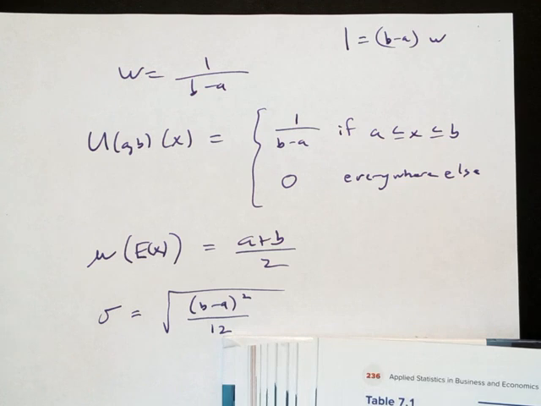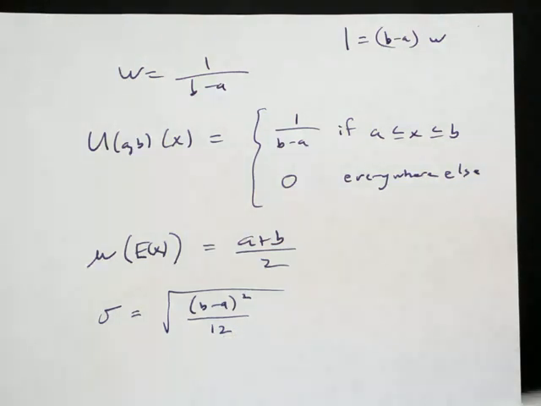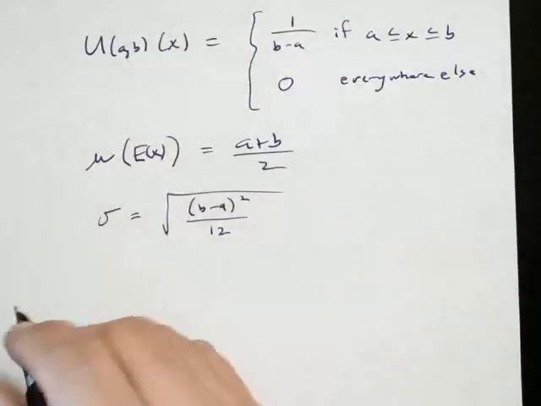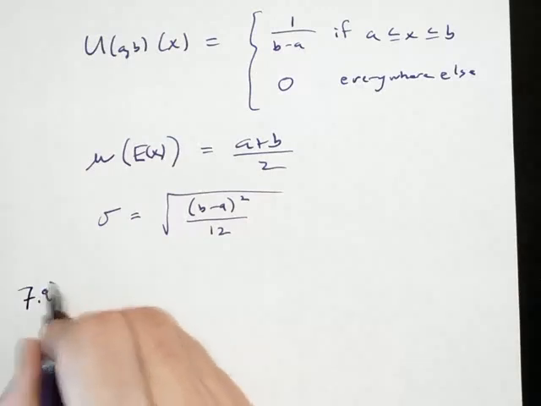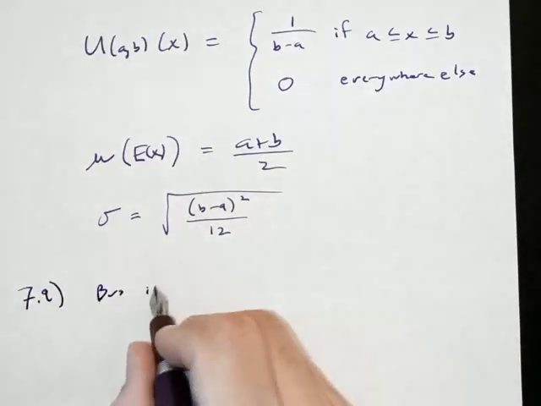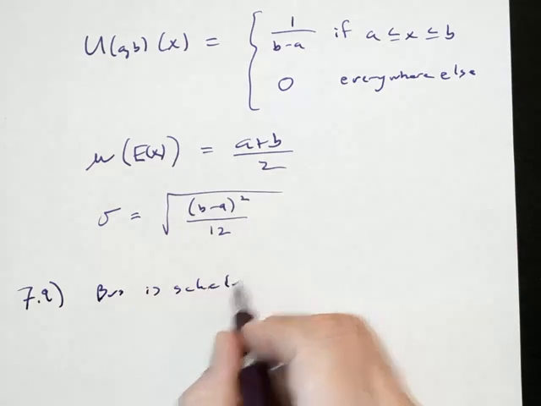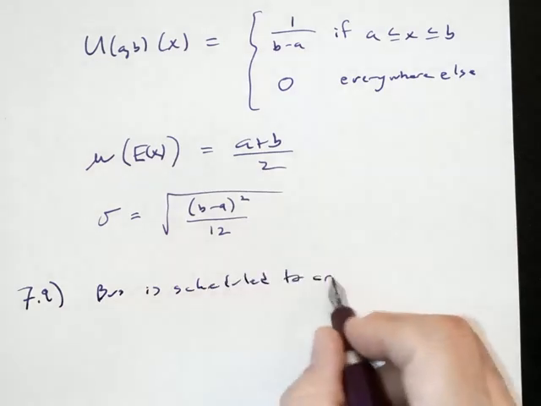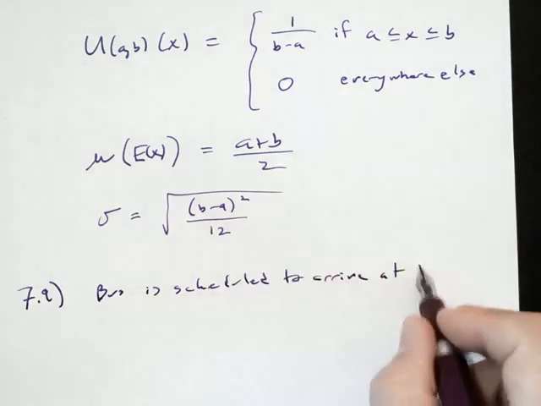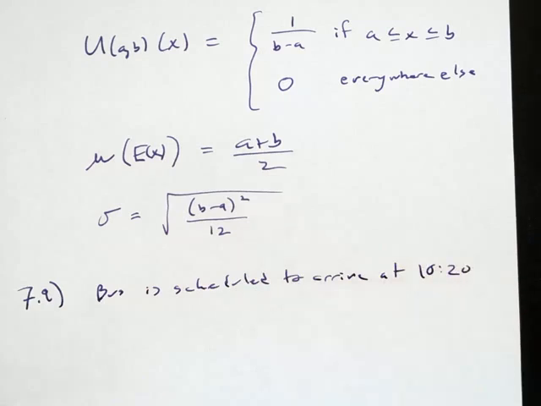One of the questions in the textbook talks about the arrival time of a bus. And the bus is scheduled to arrive at 10:20. But it's a bus driver. Bus drivers are rarely perfectly on time, yes?